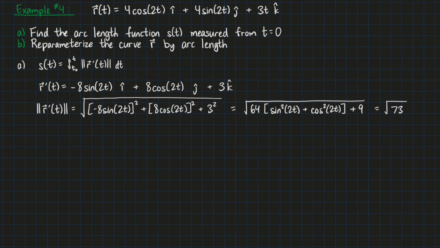So going back to s of t, we'll have s of t equals the integral from 0 to t of radical 73 d tau. Taking the integral, we'll have radical 73 times tau, and we evaluate this from 0 to t. This just equals radical 73 times t.